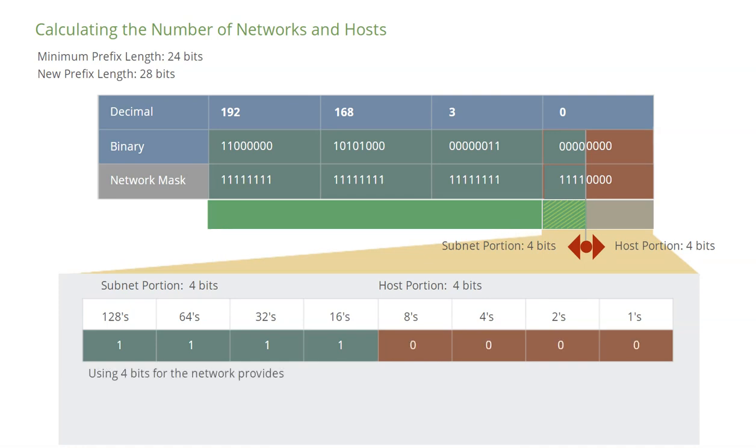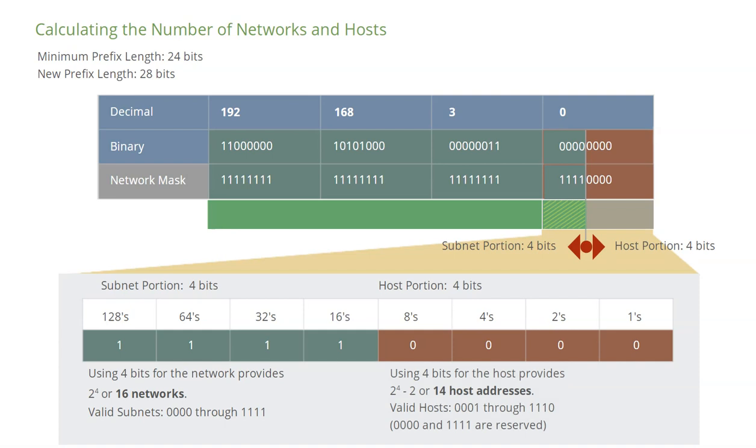Using 4 bits for network bits allows for 2 to the 4th, or 16 different networks. That's each binary number between 0000 through 1111. Using 4 bits for the host bits allows for 14 different hosts. Remember that we always subtract 2 from the number of possible hosts because there are 2 reserved addresses.